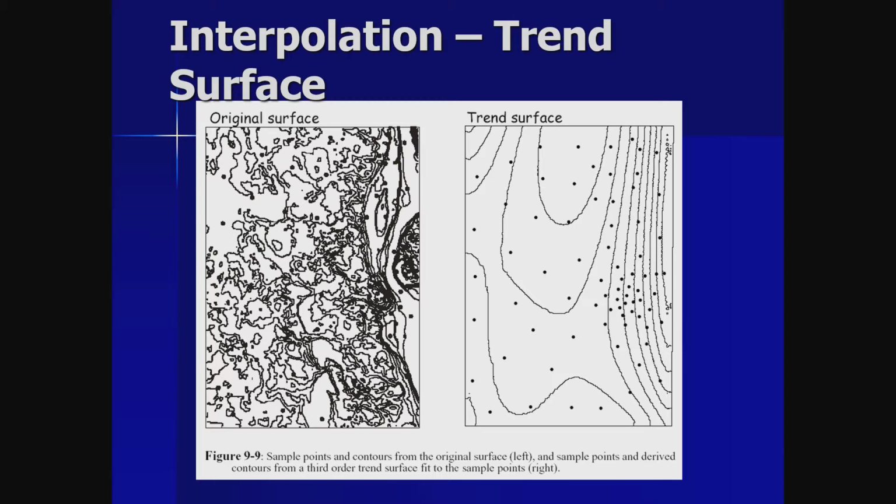There's three different undulations in that. I don't even know if that's a proper mathematical term, but if it was a first order trend surface, it would just all be trending in one direction, and it would be changing only once in one direction. The second order, it'd be changing twice in two different directions. Third order, it's changing in three different directions, and that's why we have the curved lines in these various places.